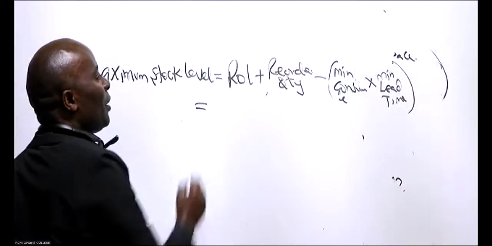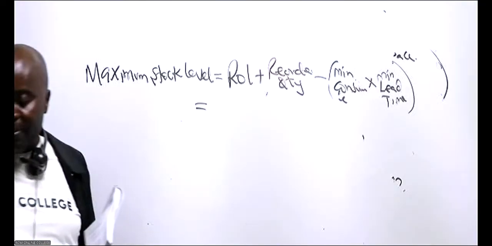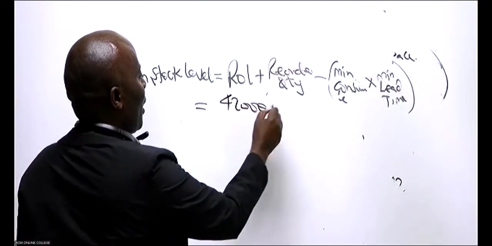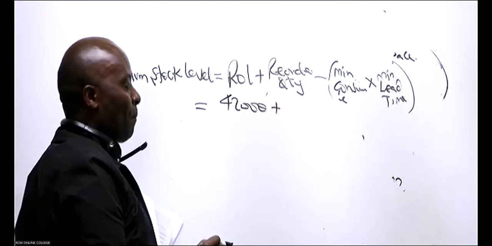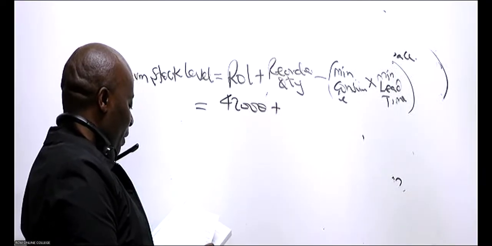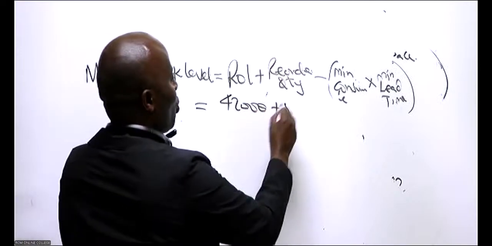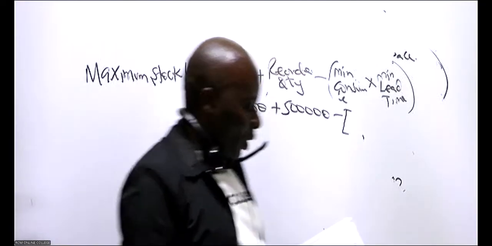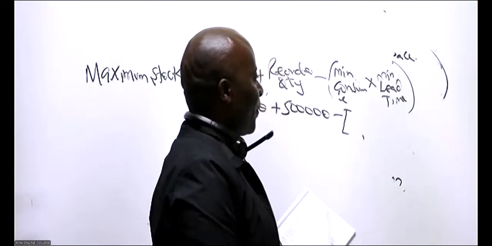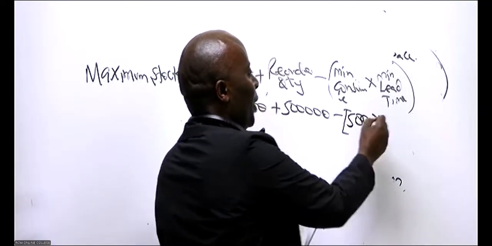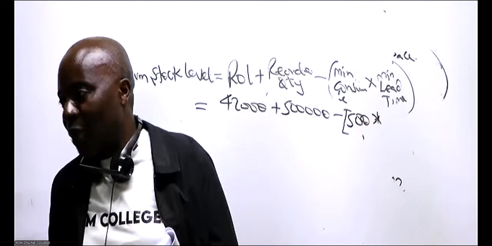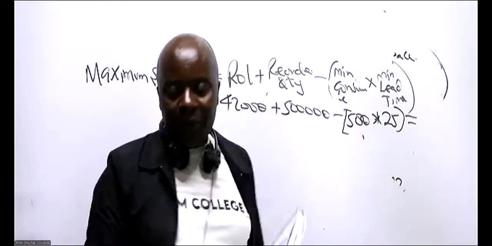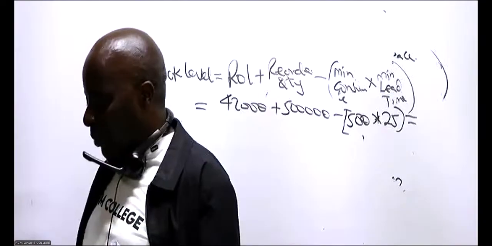The reorder level we calculated above is 42,000. The reorder quantity is 50,000. So 42,000 plus 50,000 minus minimum consumption per day, 500, times minimum lead time, 25. Put it in brackets and give me an answer.